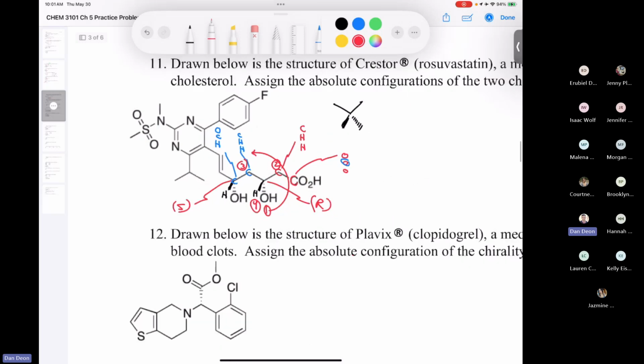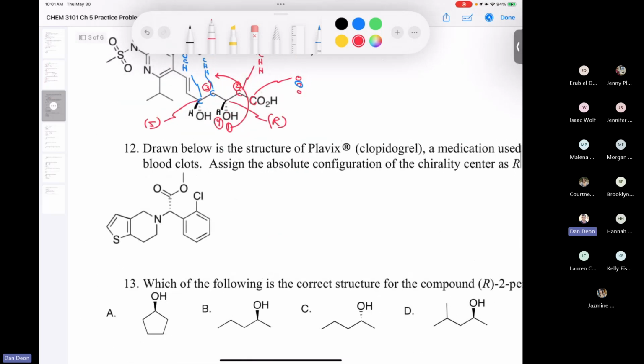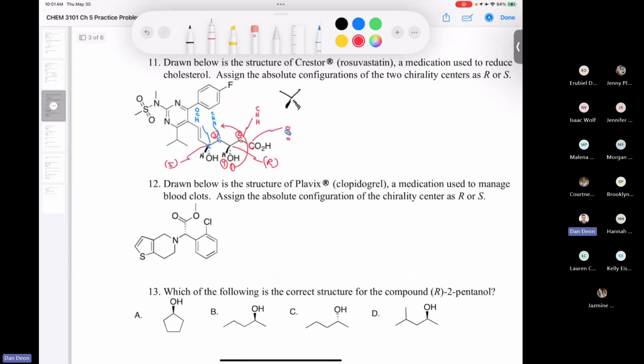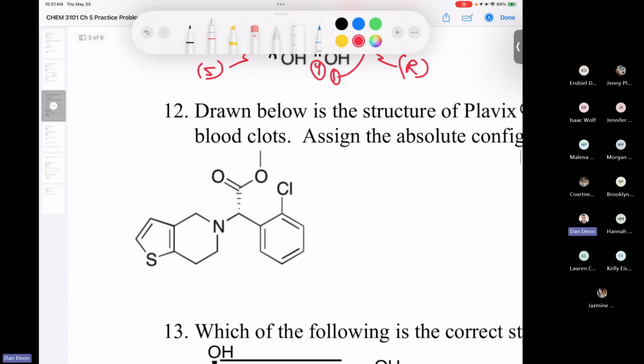Next one is Plavix, so clopidogrel, which is used to manage blood clots. And so same old thing here. We're determining whether this is R or S. Our proton is coming out. The proton is going to take the lowest priority. Nitrogen takes 1. Then we have this carbon here, which is attached to oxygen, oxygen, oxygen.